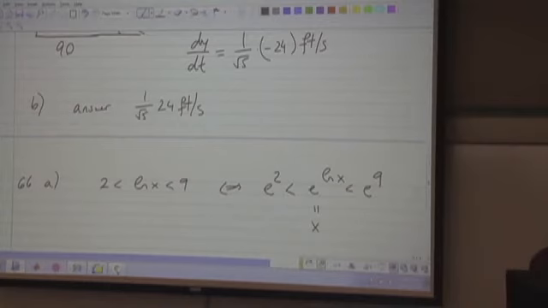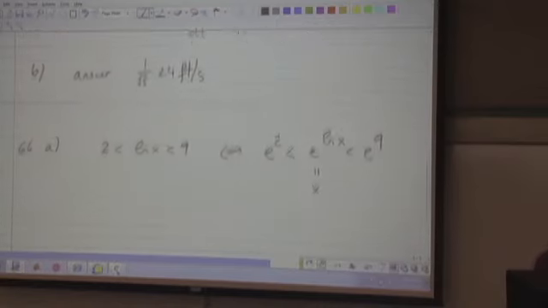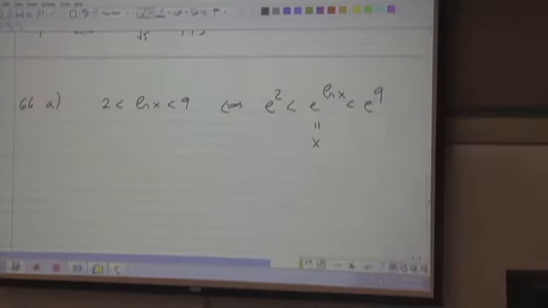46. Same section. A or B? 46a says 2 to the power log base 2 of 3 plus log base 2 of 5.